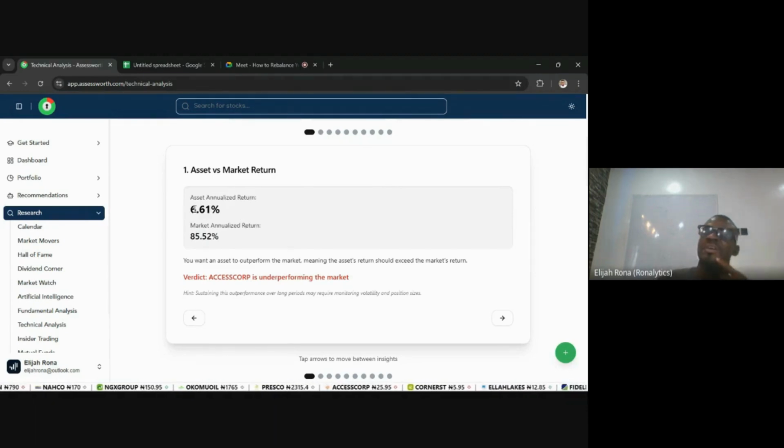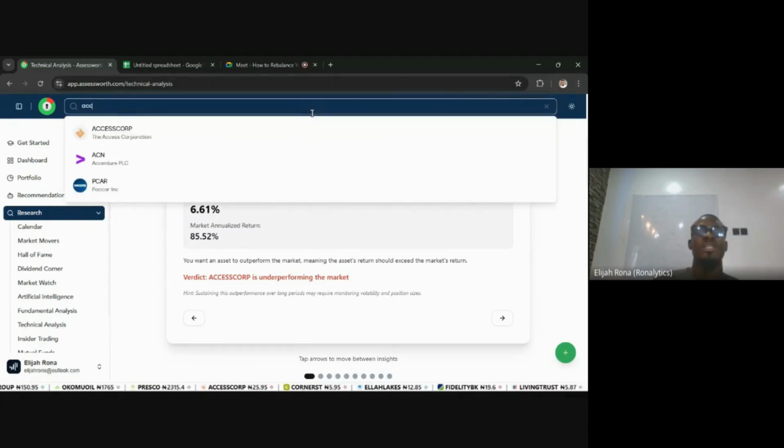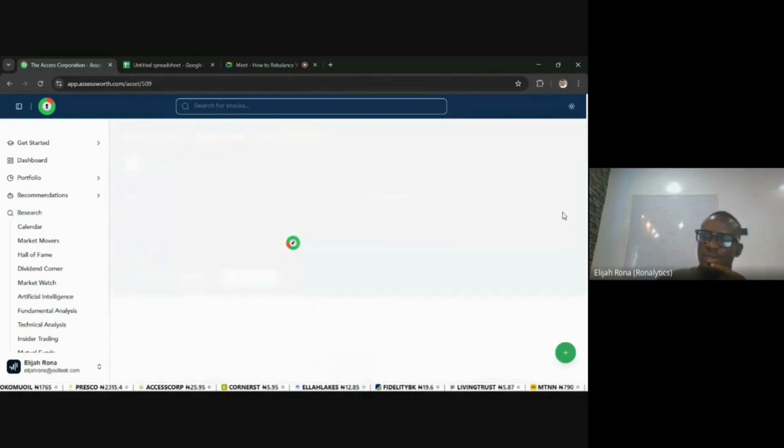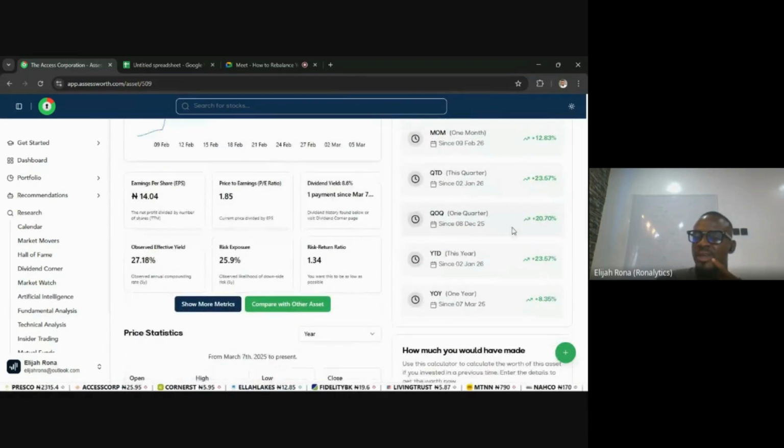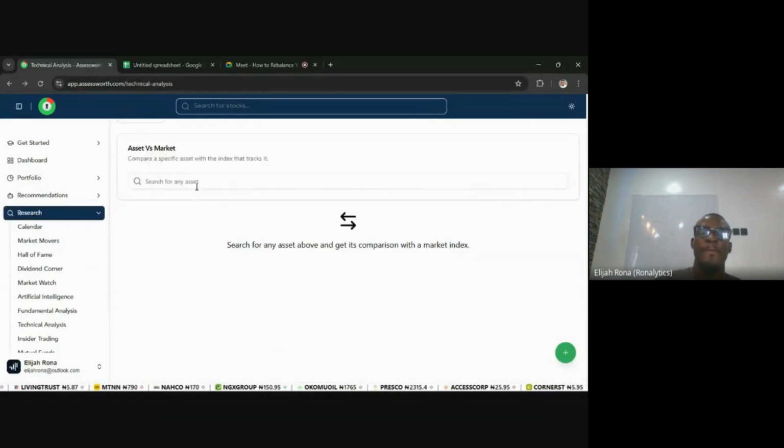Access Corporation has given only around 6%. If you want to doubt it, search for Access Corporation here on Access Watch. The year to date you see here is around 23%. Then in one full year, around 8%. That is from March 7, 2025, going back.